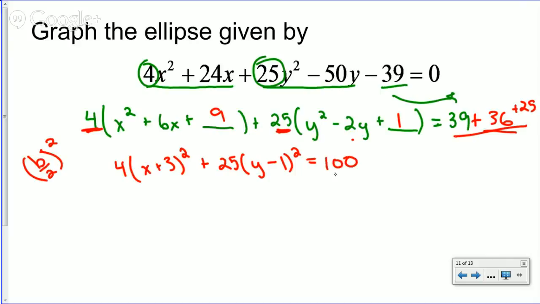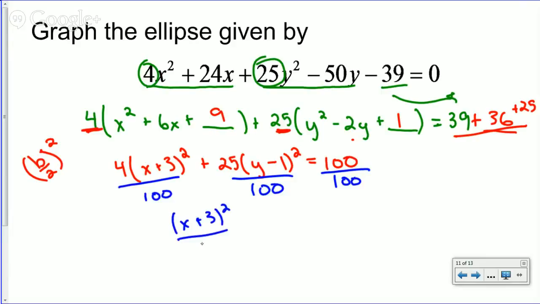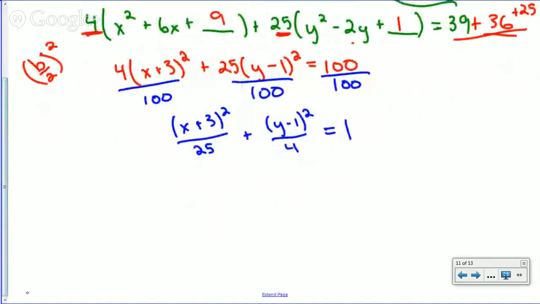Now remember, over here this has to be a 1, so we're just going to divide everything by 100. So then you get (x plus 3) squared over 25 plus (y minus 1) squared over 4 equals 1. So now I'm in the standard form.